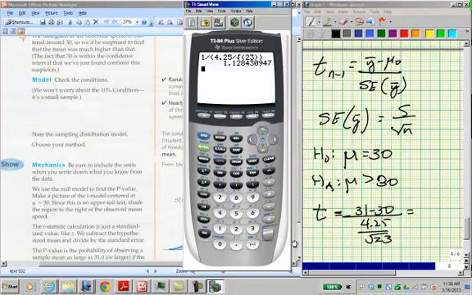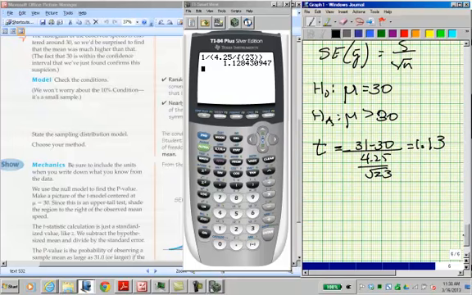Okay, and so we get, let's call it 1.13. Okay, now that's the t-score.